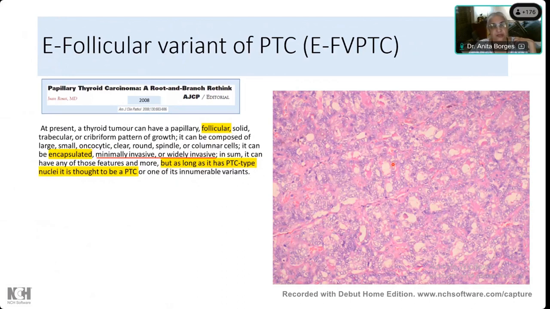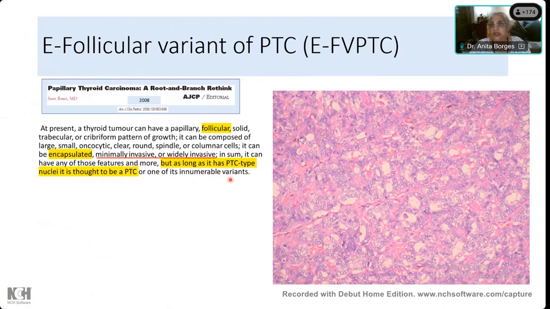Why? Because we believed, and I am once again telling you this, it did not matter whether the tumor was encapsulated, minimally invasive, or widely invasive, as long as it had papillary thyroid-like nuclei, whether it was papillary or follicular, in this case entirely follicular, it was called a papillary thyroid carcinoma.